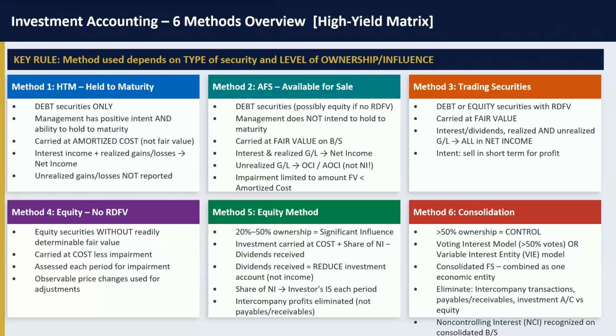You have bought the debt securities and you don't want to keep them until maturity. You want to sell them as soon as possible, okay? And here, for available for sale, always you have to carry them at their fair value on the balance sheet, okay? And after you sell those securities, any realized gain or loss, obviously it goes into net income.